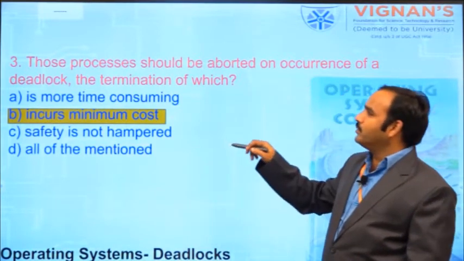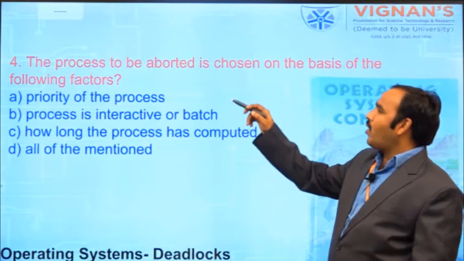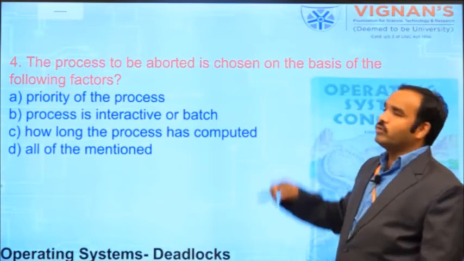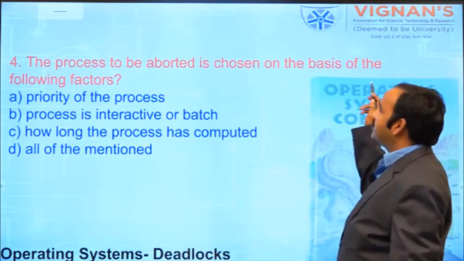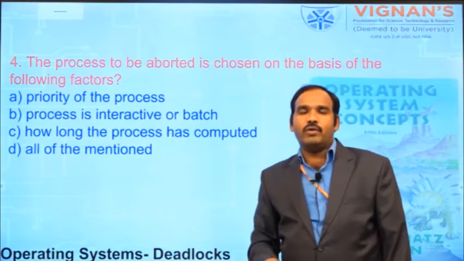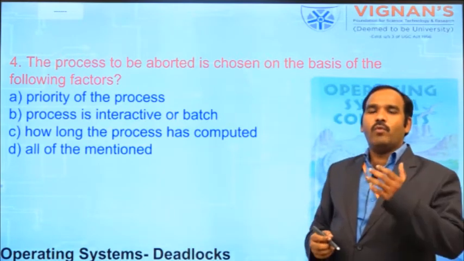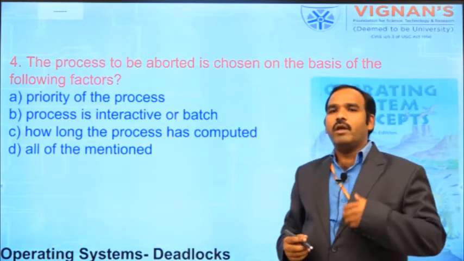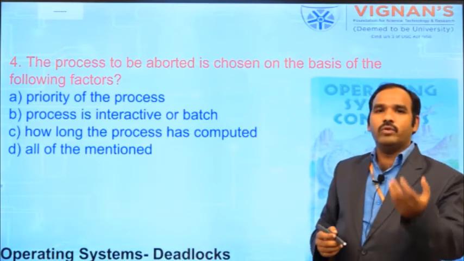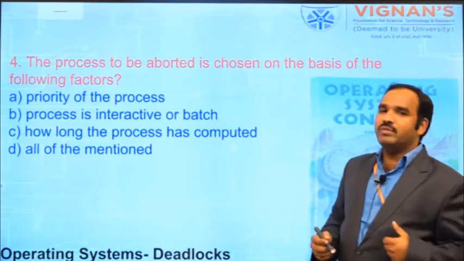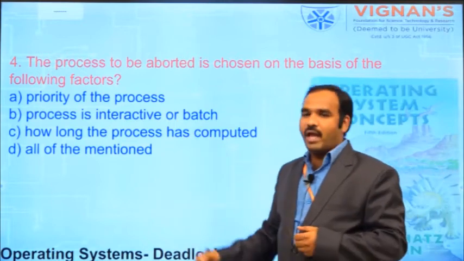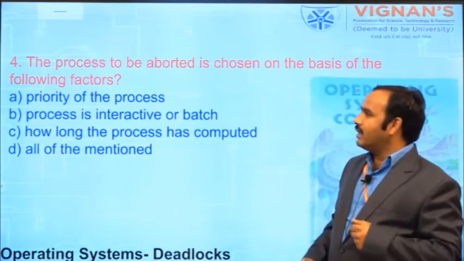And coming to the fourth question, the process to be aborted is chosen on the basis of the following factors. What are the factors we have to consider when we are going to select a process to abort, or to recover the resources, or to preempt the resources? The first one is the priority of the process. Yes, that is a correct answer.